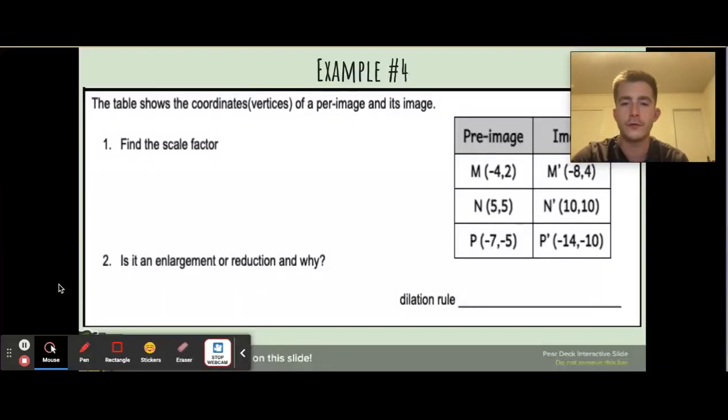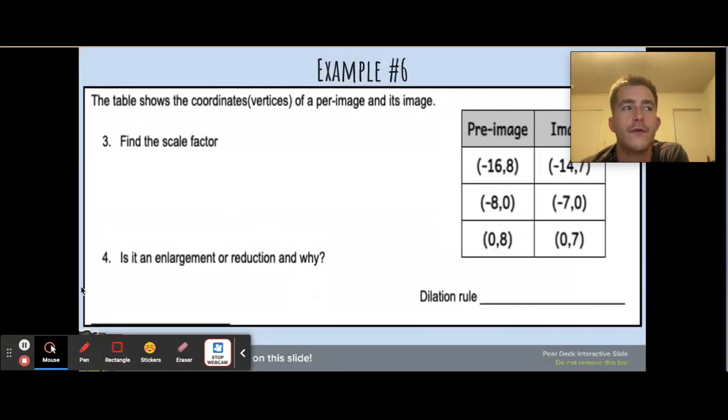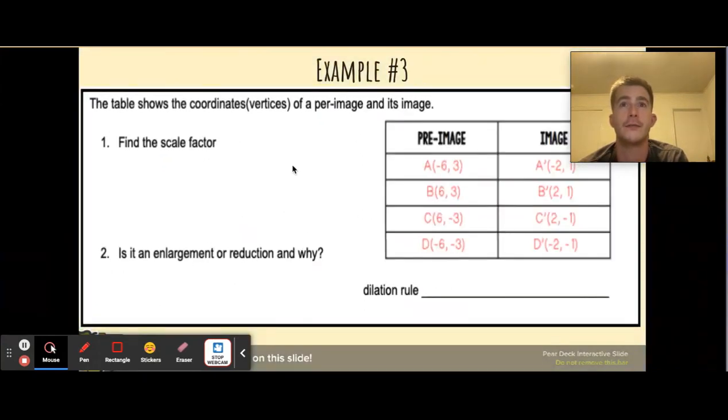All right, guys. So the way we're going to finish out the pair deck is number 4, 5, and 6 are going to be all you. I want you guys to practice on your own to come up with answers for 4, 5, and 6. Now, very, very similar to what we did on number 3.